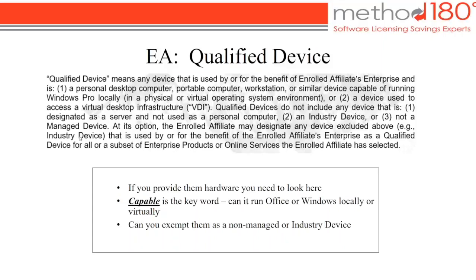When we're talking about qualified devices, we're really focusing on Office and Windows here. But again, it says a qualified user is anybody that uses a qualified device. So if they have a qualified device, then they are a qualified user, and therefore anything that's user-based licensing, CALs or Office 365, in theory, needs to be licensed, okay?